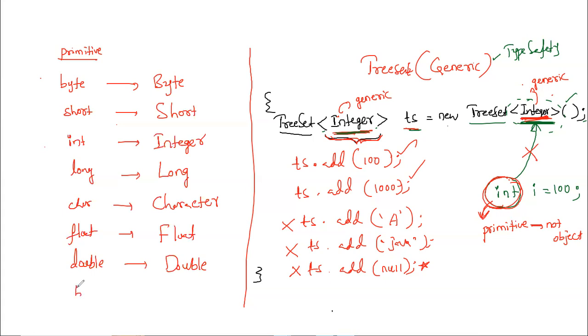Then the last one, boolean, has the class name Boolean. So for every primitive data type, there is a corresponding class name. We call those classes, what classes? Wrapper classes.